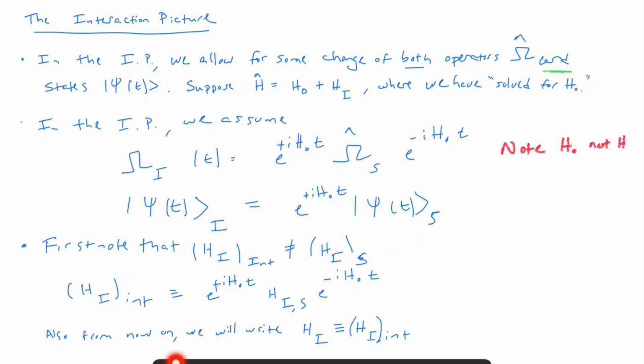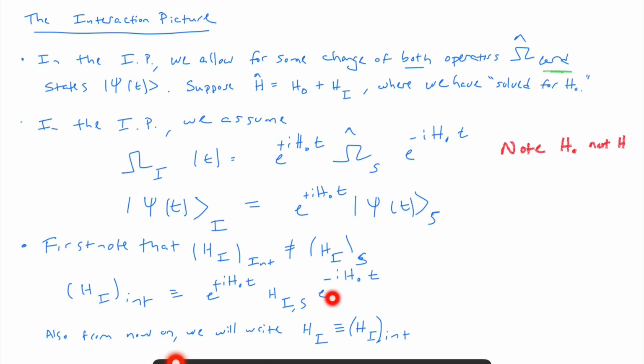Pay attention to the notation because it gets a little tricky, but we're going to eventually be using the interaction picture all day long, so we're going to get tired of writing H_I comma int. So when we write just H sub I, which really means this perturbation to the Hamiltonian, we mean this perturbation expressed in the interaction picture.